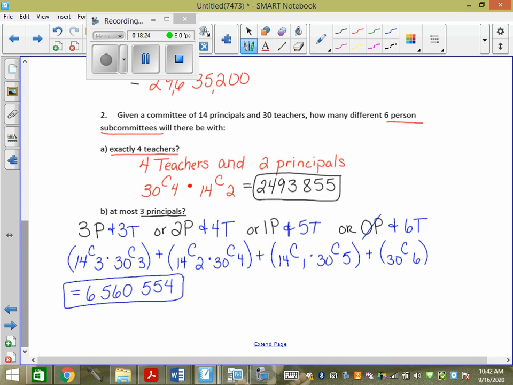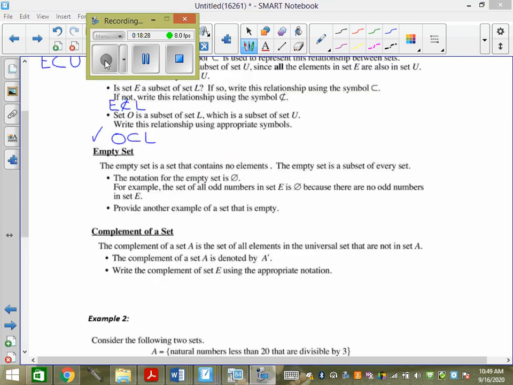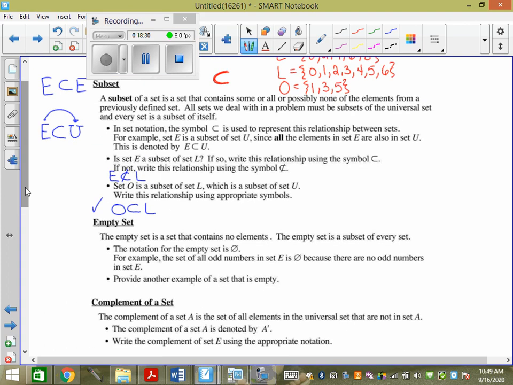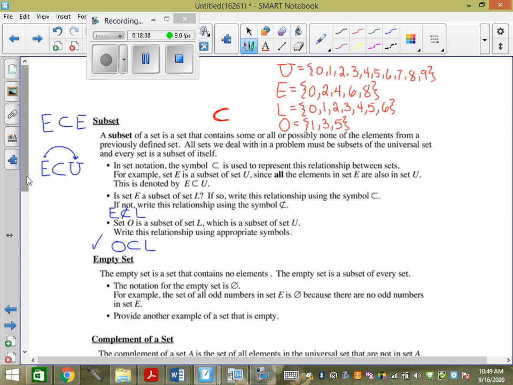Okay, I'm going to get you to open up your notes to the set theory where we left off. So we went over subsets. In order for something to be a subset of the other, everything from that set had to be contained in the other one. So an example, O, which was 1, 3, and 5, was a subset of L because L contained 1, 3, and 5. L could contain more, that's absolutely fine.